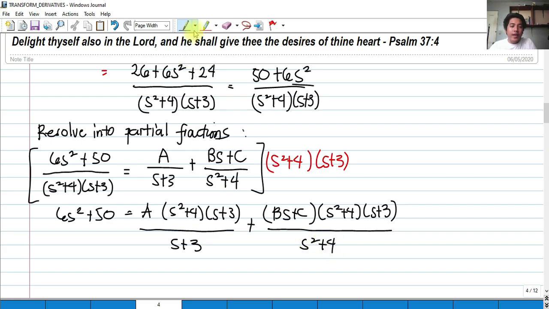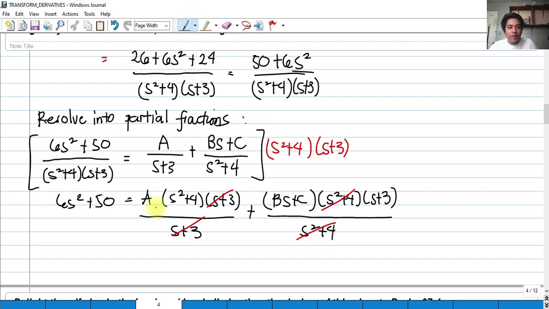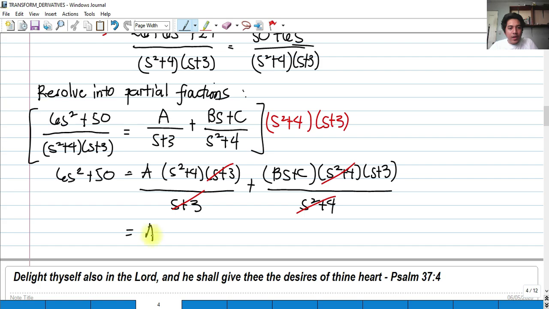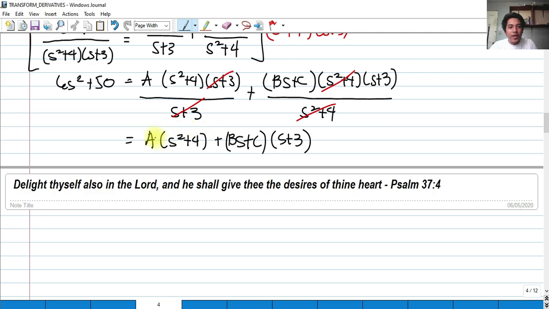I've shown you the step by step. So this s plus 3 would cancel, and this one also. We are left with A times s squared plus 4, plus Bs plus C multiplied by s plus 3.